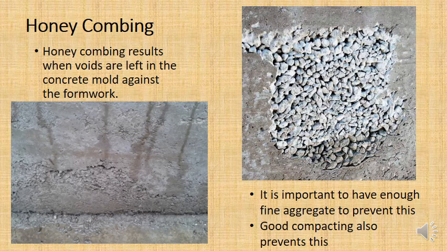It's also important to use good compacting technology like vibrators. It's also important that you have enough fine aggregate. If you don't have enough fine aggregate in the concrete, then you're just going to start bleeding, and the water-cement paste will separate from and segregate from the coarse aggregate, and you end up with honeycombing. So those are things to avoid.